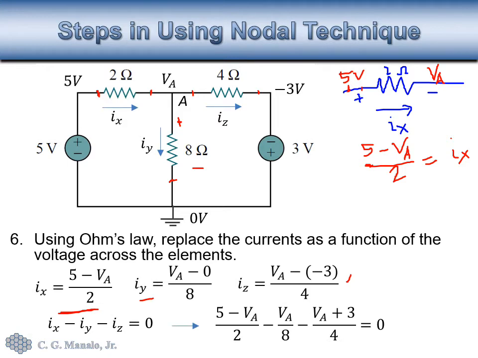And then we can replace these currents by the ones above, and that should give us this equation. So this is I sub x, I sub y, and I sub z.